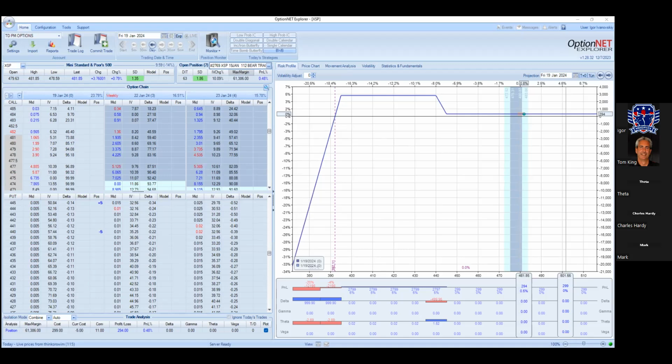I'm going to use an underlying that is 1/10 the size of SPX. The underlying is XSP. It's a very similar product to SPX as far as tax treatment goes.